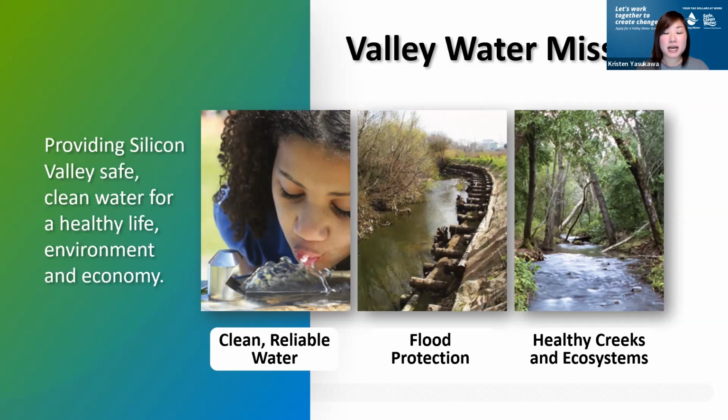But we in fact have two other pillars to our mission. We also provide flood protection for our region's waterways, and then also create healthy creeks and ecosystems. So we do a lot of environmental stewardship work. As you can see, water touches all aspects of the environment, so we are very much involved.